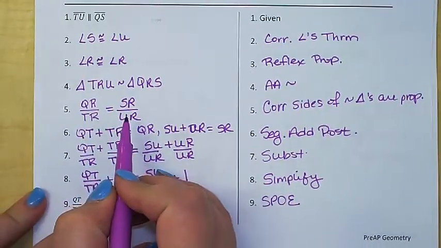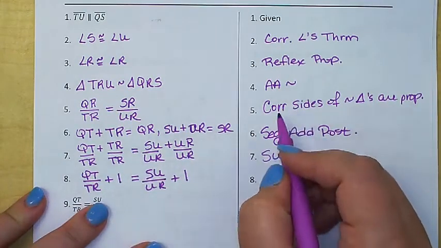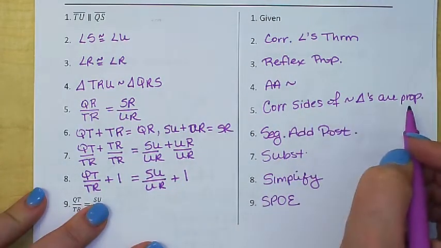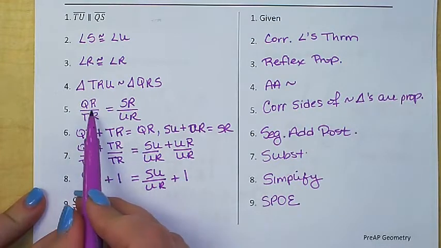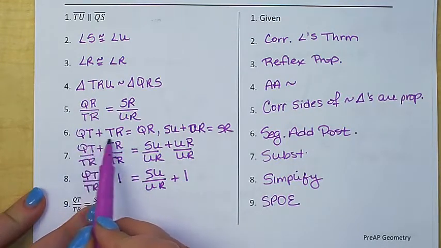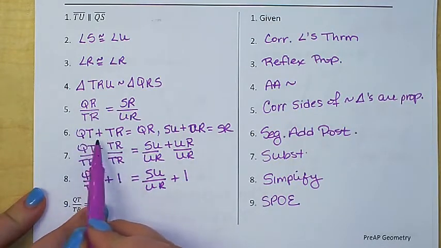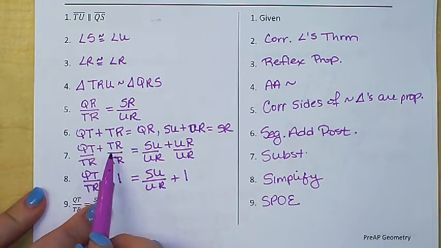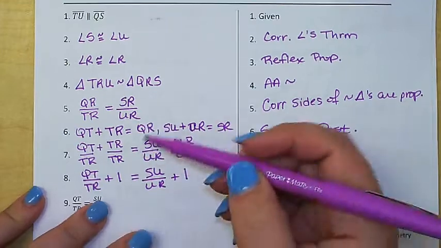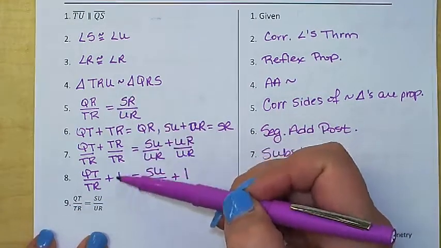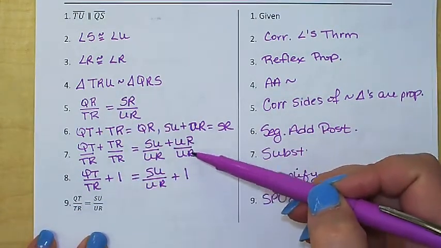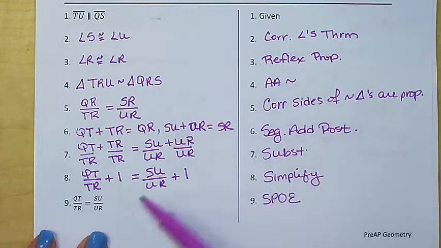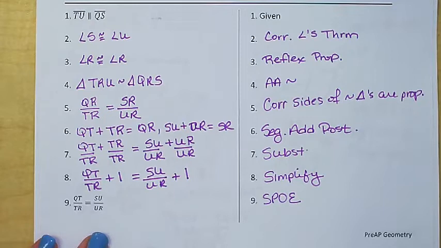Once you've set up your proportion based on the fact that corresponding sides of similar triangles are always proportional, you can take QR and separate it out with the segment addition postulate into the smaller segments, substitute that into that proportion, and at that point, TR over TR becomes just 1, and UR over UR does as well, and then a little subtraction property of equality will subtract the 1, and we'll show that this always has to be true.